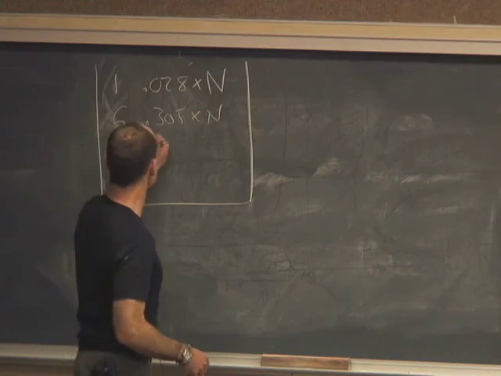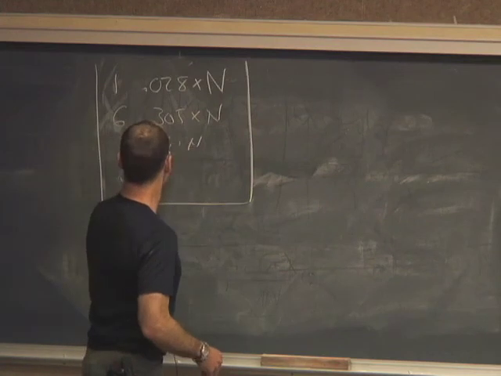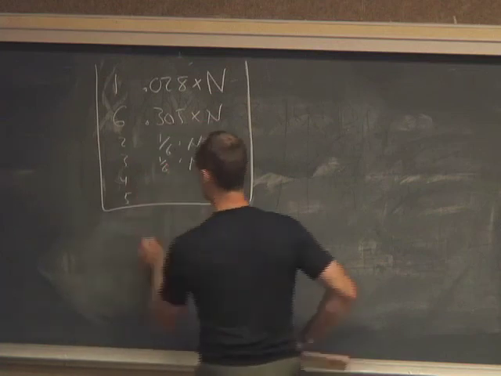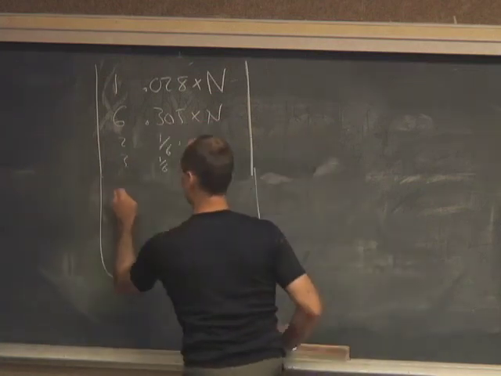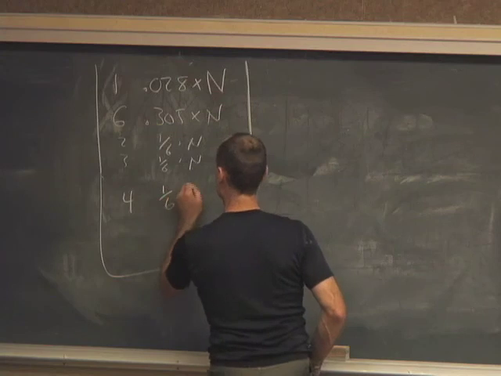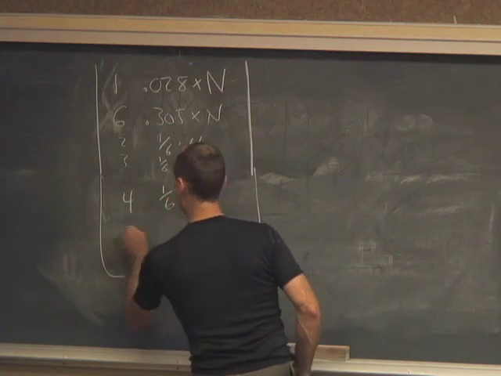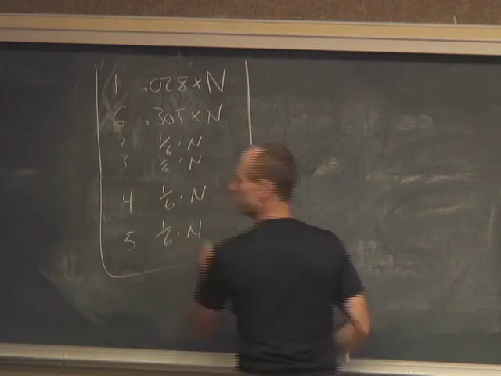Each of these has a 6th times n. My handwriting, I'm so sorry. Do this a little better here. Give myself more space to start with. 4, a 6th times n, and 5 has a 6th times n.